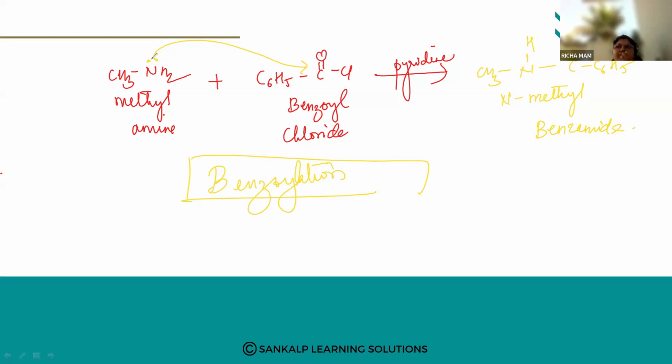The lone pair of electrons from nitrogen attacks the carbonyl carbon, and we get N-methyl benzamide. This reaction is called benzoylation.